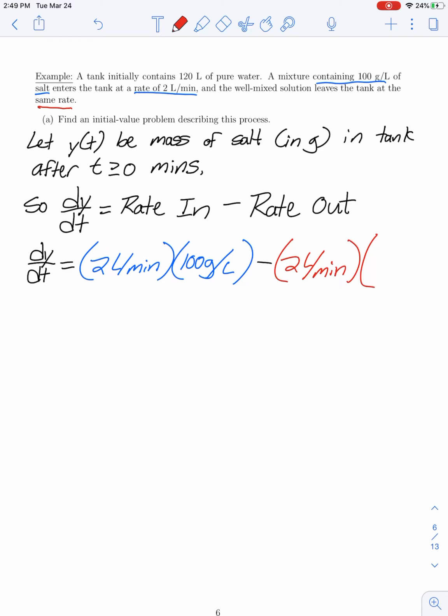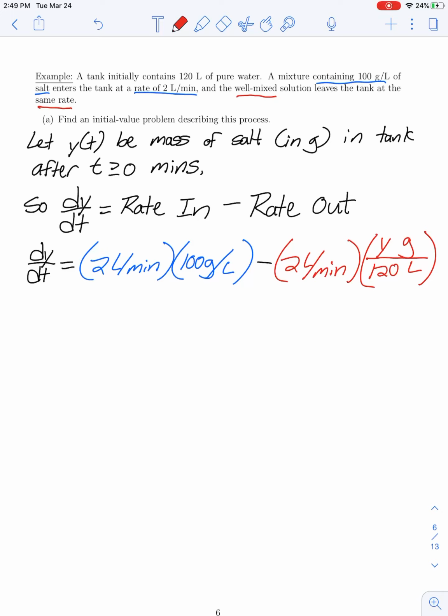So within the tank, we were letting y denote the mass of salt in grams. So at any given time, I have y grams of salt in my tank, and this solution, we were told, is kept well mixed. So this y grams of salt will be divided equally among the 120 liters of liquid in this tank.